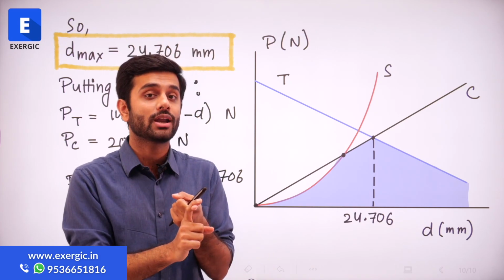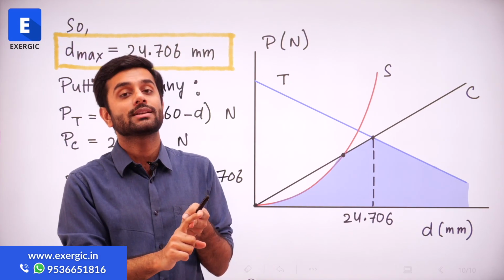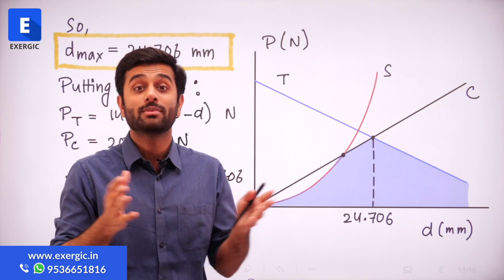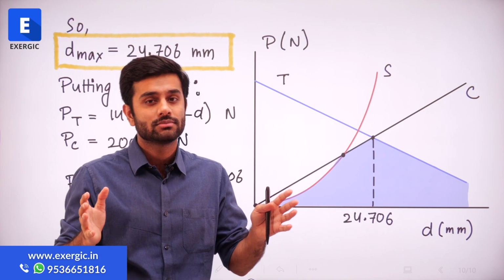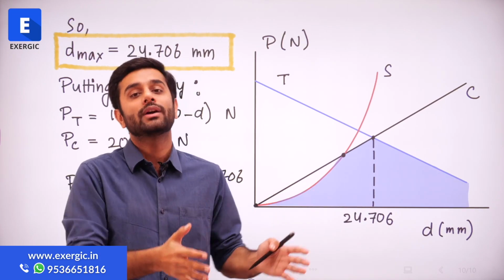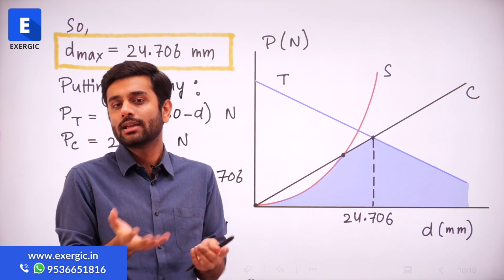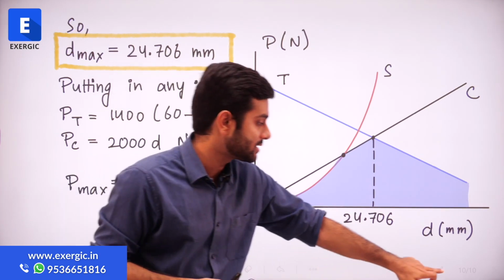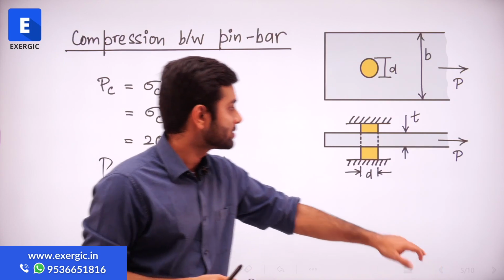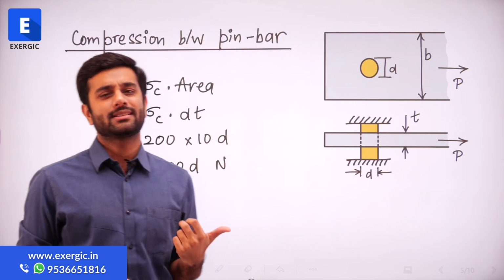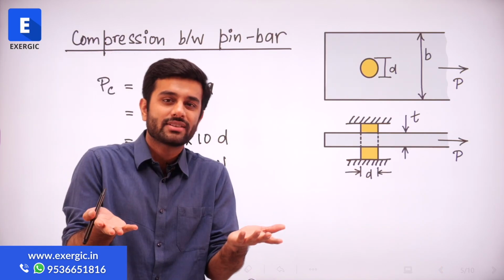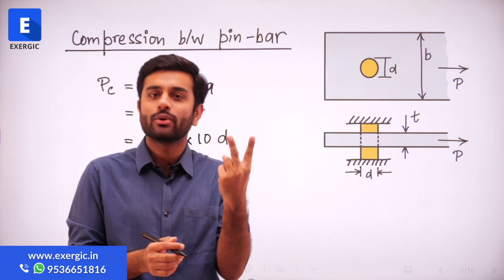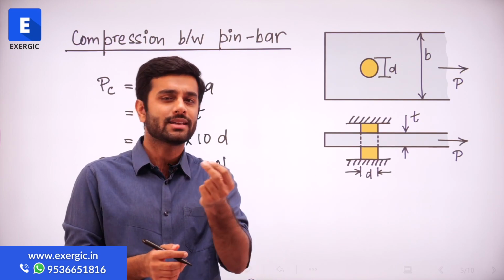Theoretical questions also are asked, numerical questions are also asked, and this is one example of how numericals can be asked. You might be thinking that it's so detailed. It is not. You might not have covered industrial engineering, that's why you might be thinking it is detailed. But what have we done so far? We have just put the values and got these equations. How much time does it take? Maybe 45 seconds max, 30 seconds, right? And then we have solved the first and second equations, quadratic equations, again 30 seconds each.